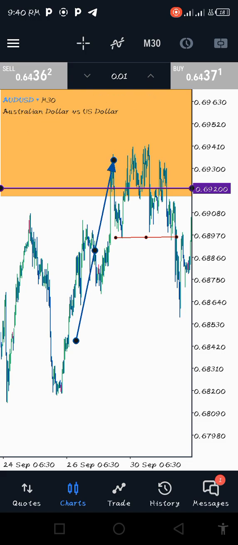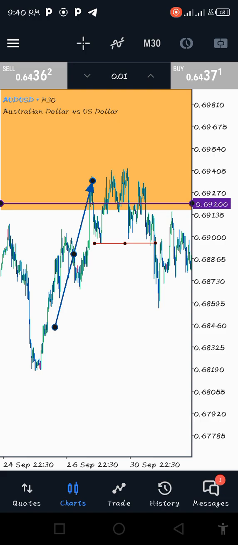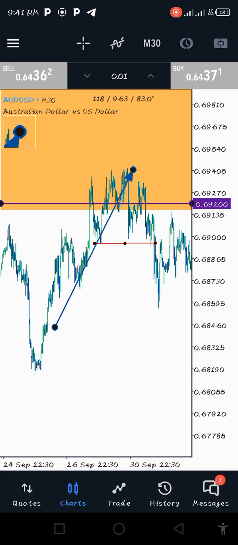But if we waited for this confirmation of change of character, price encountered, made this swing, which is a lower high, went up, and then that zone caused a change in character. Where is our change in character?